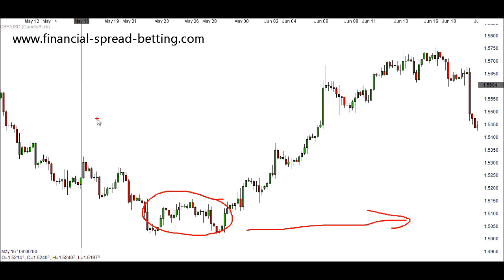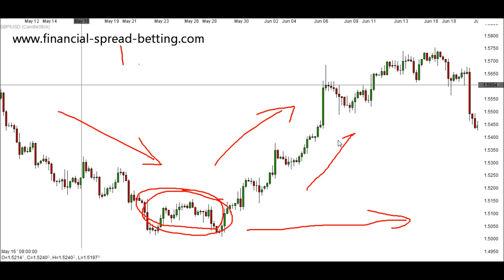Now, why does this happen? Why do these price reversals happen in the market? It could be for a number of reasons. The first major reason could be because of fundamental analysis or news events. Something could have happened in the news in this area that changed investors and traders' perspectives of this particular instrument and decided to start buying this financial security rather than selling.